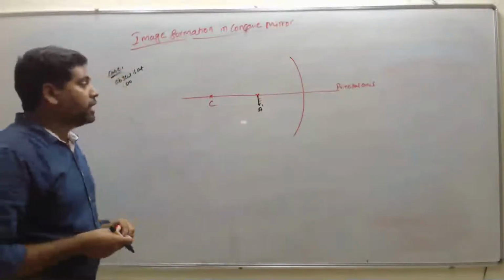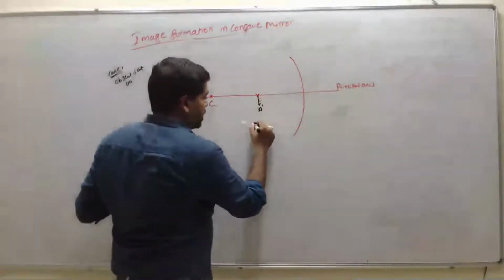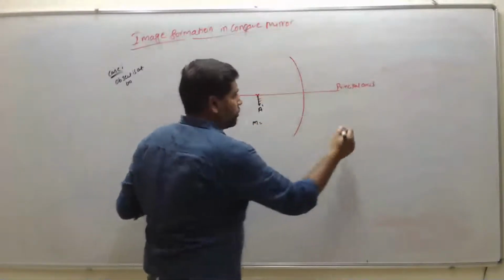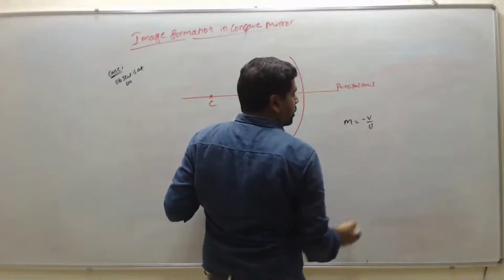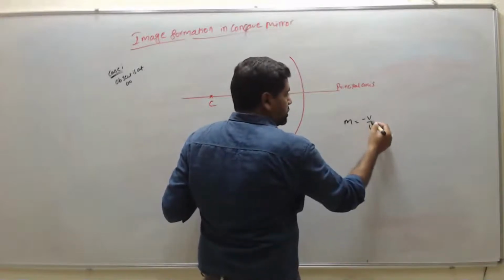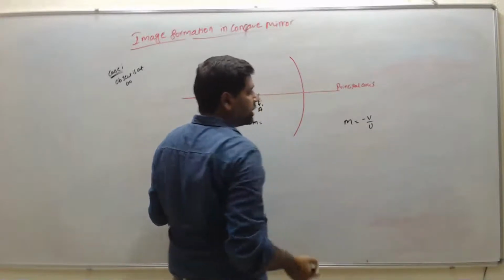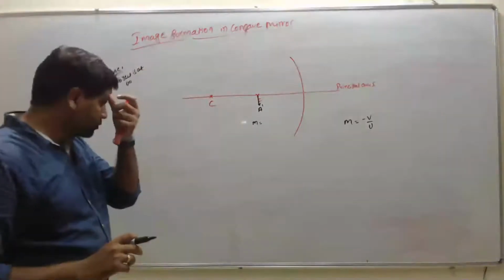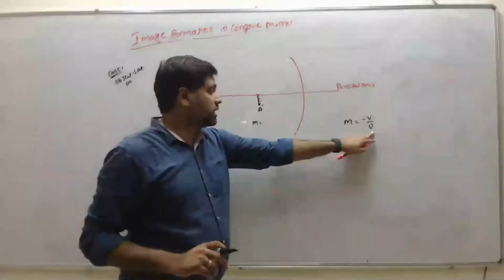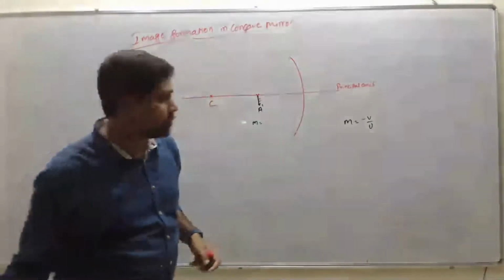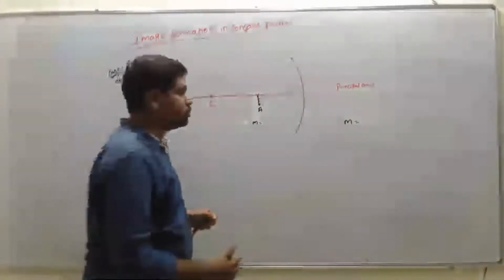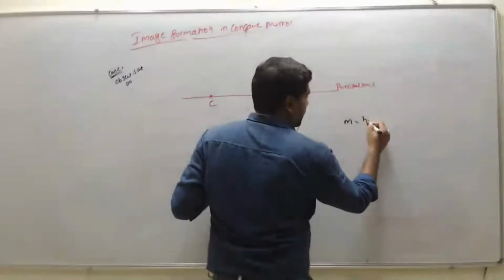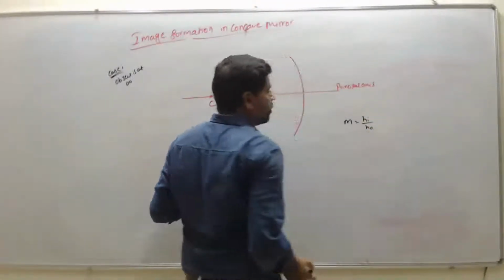Hence we know the formula for magnification: m is equal to minus v divided by u, that is image distance to object distance. In terms of height, magnification is equal to the height of the image to the height of the object.